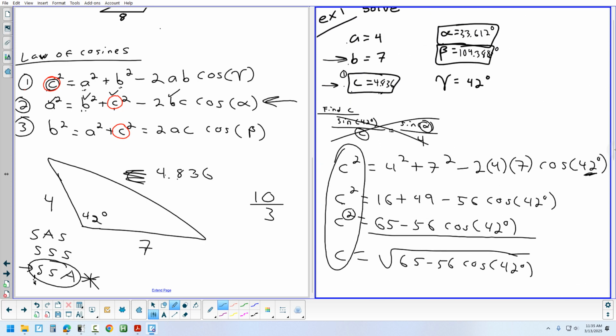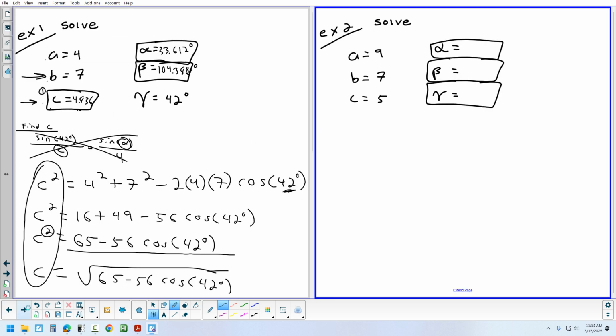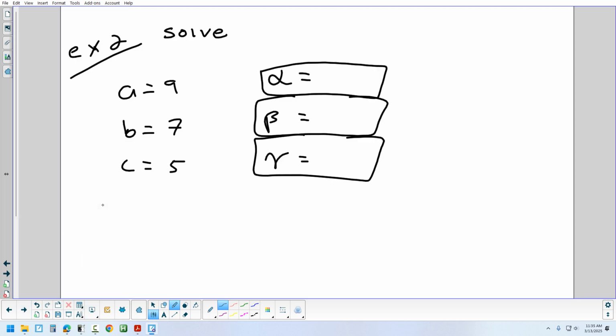All right. Any questions on that? All right, so that's side angle side. Let's try this one. I think it's pretty easy to recognize what type this is without a picture. Just look at what they gave you. What did they give you here? Side, side, side.